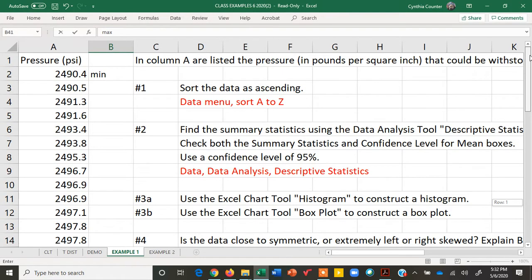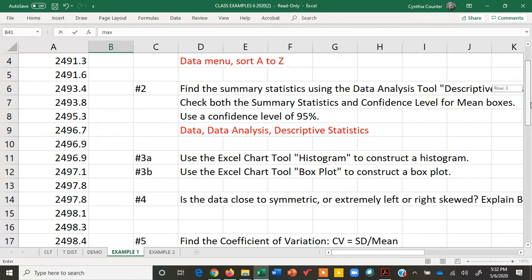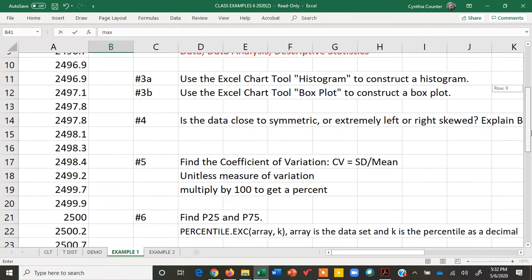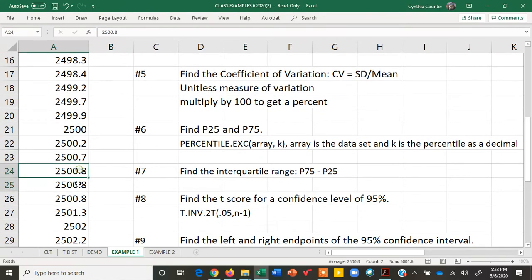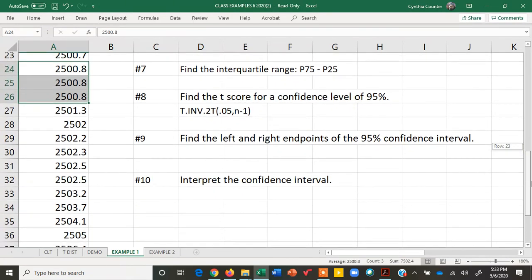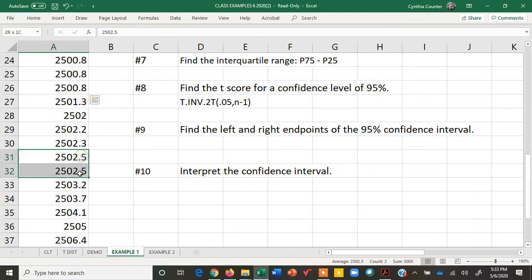We can easily see now how this is distributed around. We notice there are a few repetitions. Look at this. Here's 2500.8 occurs 3 times. We scroll down, we see a repetition here twice.